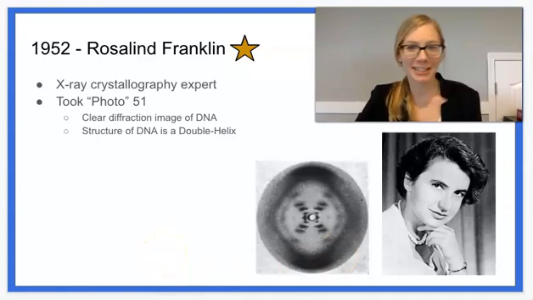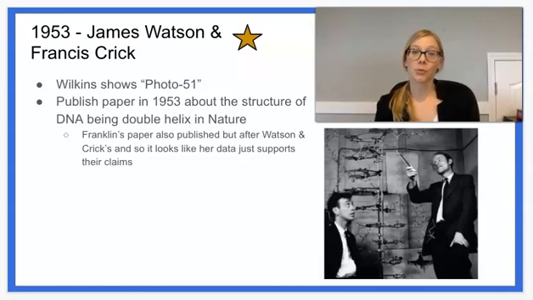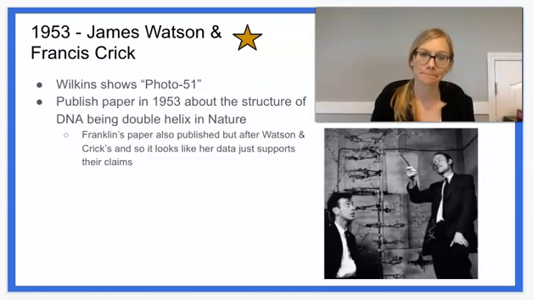Now, why is this a little bit controversial, right? Well, we typically, most of us, know Watson and Crick as being the ones who discovered the structure of DNA. Well, kind of what happens is Wilkins sort of takes Rosalind Franklin's photo, Photo 51, and shows it to Watson and Crick, who are having a hard time discovering exactly what the structure of DNA looked like, right?